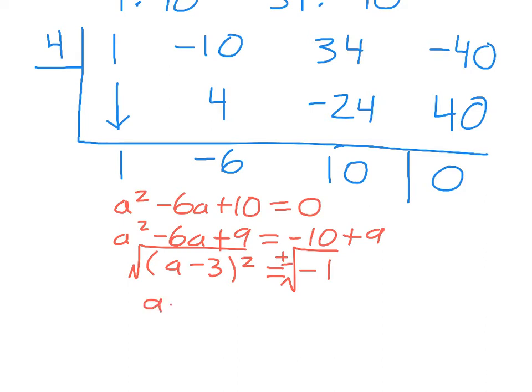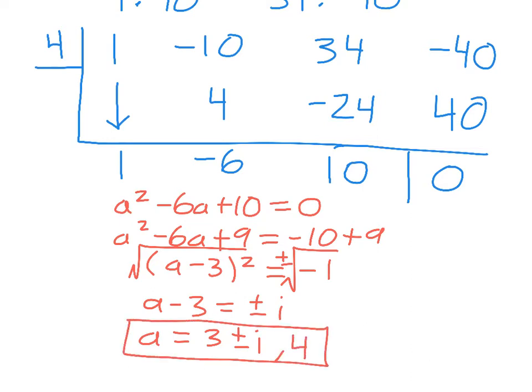So a minus 3 equals plus or minus i. So we get that a equals 3 plus or minus i. And don't forget the solution we found earlier, 4. So now we have our 3 solutions.